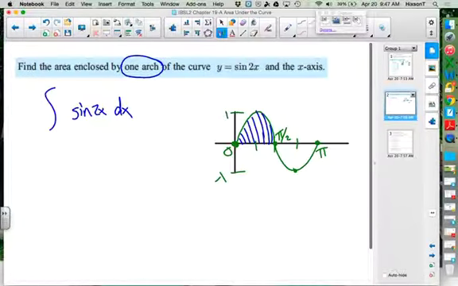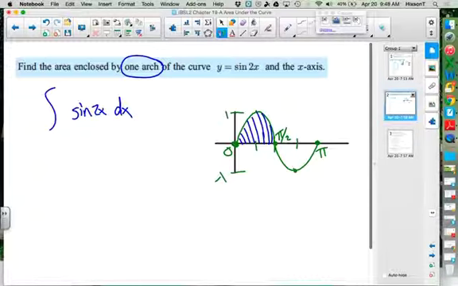The reason we only need to find one arch is, think about this: if area above the x-axis is positive and area below is negative, what's the area from 0 to pi going to equal? 0. The net area. If you wanted the actual area, it'll just be that doubled.